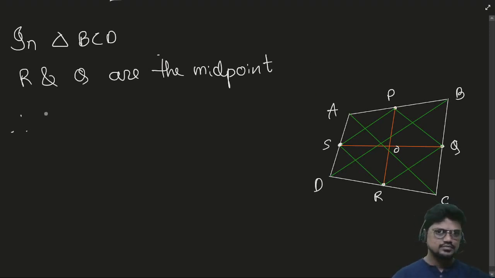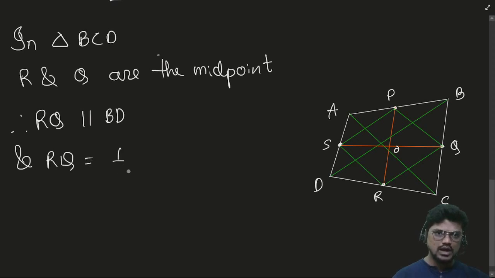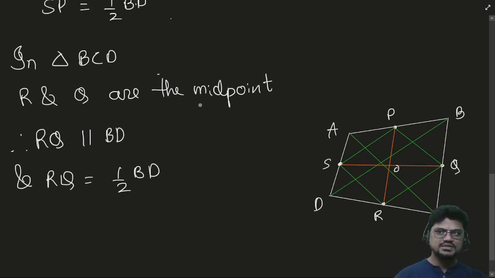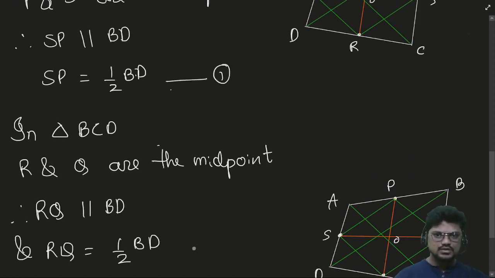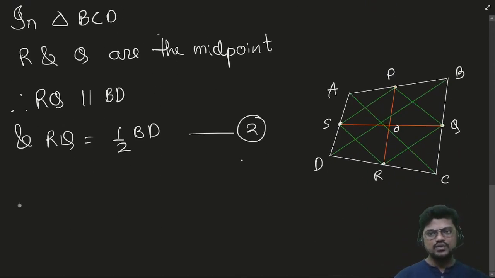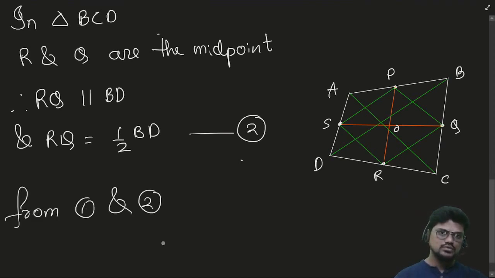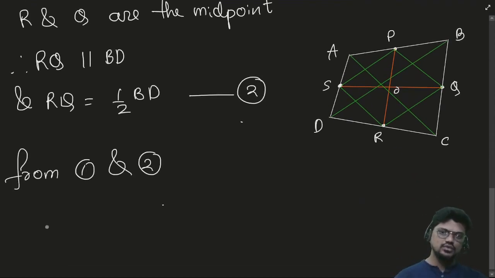Therefore, RQ will be parallel to BD and RQ will be equal to half of BD, right? So if this is your 1 and this is your 2, from 1 and 2 what we can say? PQRS is a parallelogram. Therefore quadrilateral PQRS is a parallelogram.